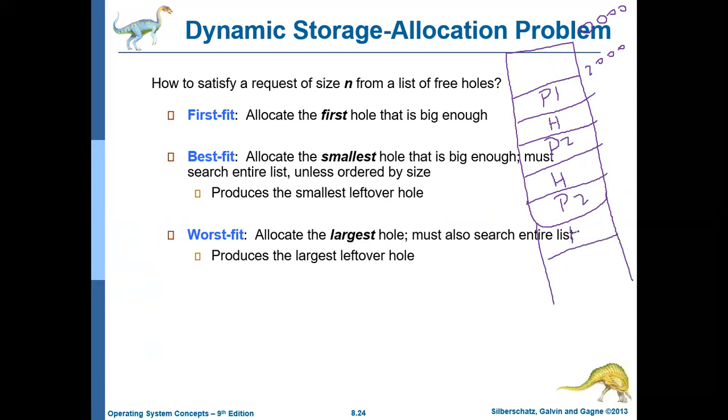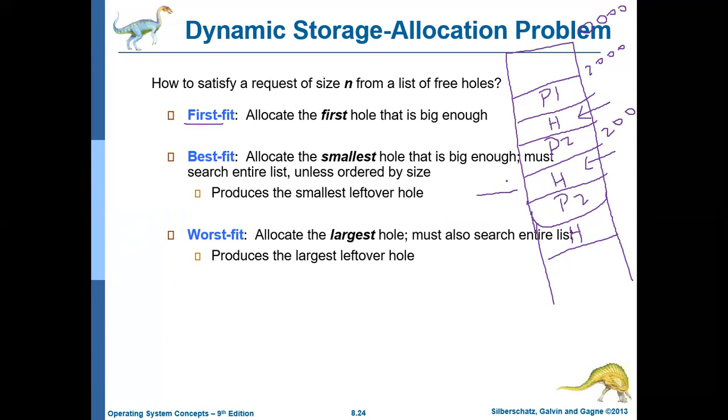Now when a new process comes, which hole should be allocated? There are many ways of doing this. Basically, there are three ways. The first method is called first fit. First fit means allocate the first hole that is big enough for the process. Say the process needs 100 MB, and if this hole size is only 50 MB, then you obviously cannot give it. Say this hole is 200 MB, then this hole can accommodate a 100 MB process, so give this hole.